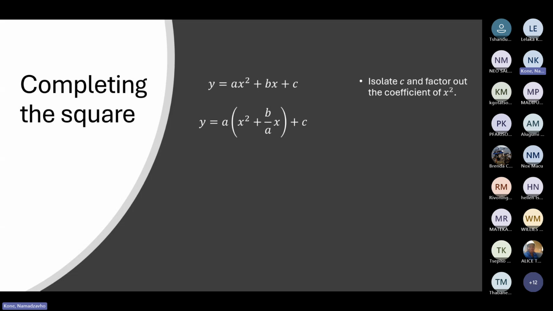A times b over a x, the a's divide each other out and you are left with bx, and then the plus c that was outside remains. So these two things are exactly the same. The key here, the most important part, is that you don't involve the c, the constant. The number that does not have an x does not get involved at all.